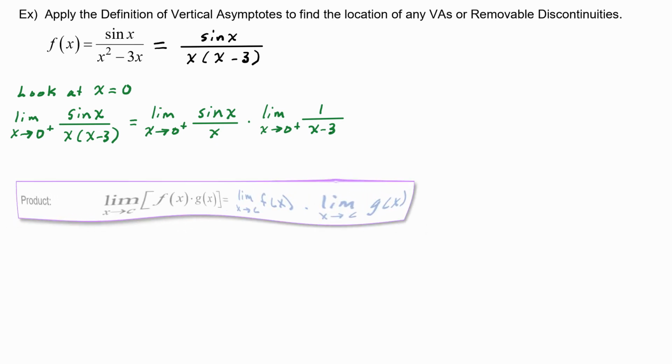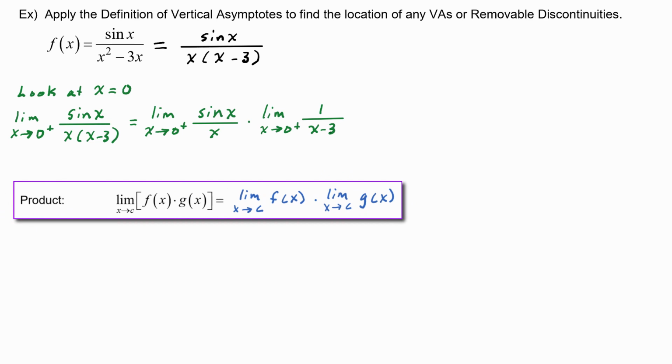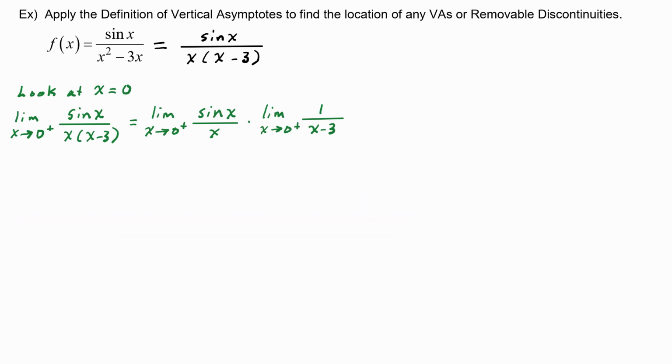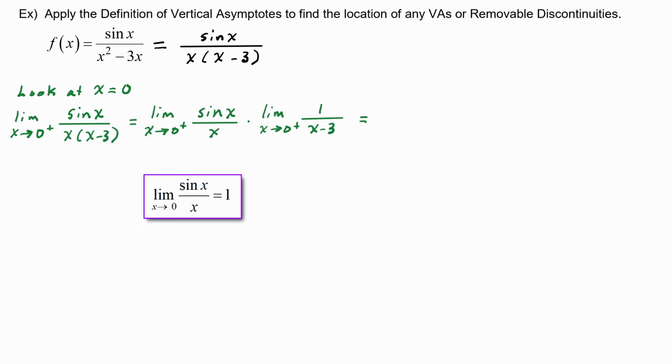Remember earlier in this chapter we learned that you can take the limit of a product and write it as the product of the limits. So now both of these can be evaluated. We learned a special limit, that the limit as x approaches 0 of sine of x over x is equal to 1.